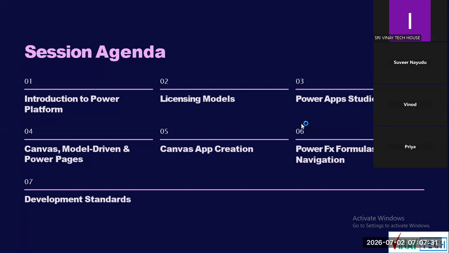The fifth topic is we'll try to create a Canvas app. And the sixth topic is we will get basic knowledge about Power FX formulas and navigations. And also we will discuss development standards at the end of this class.